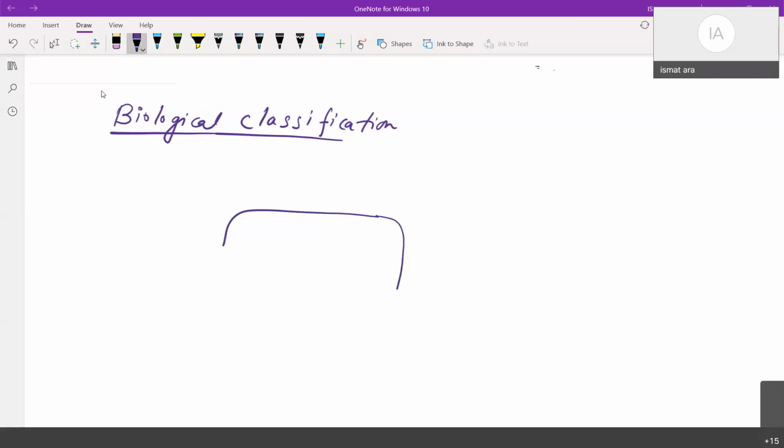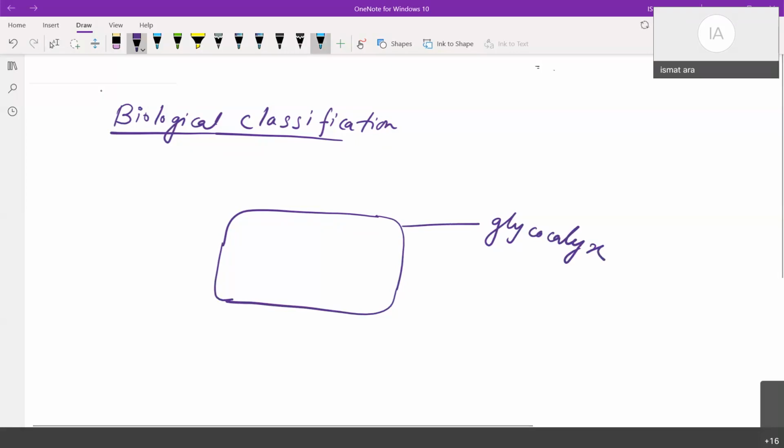Suppose this is the bacteria. Now, the outermost layer is glycocalyx. The second layer is the cell wall.